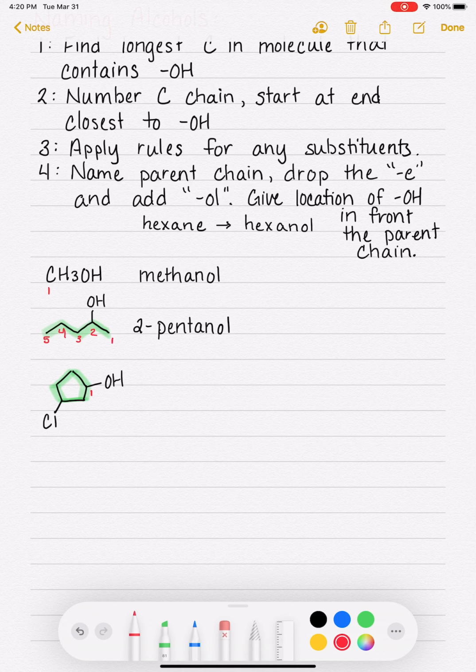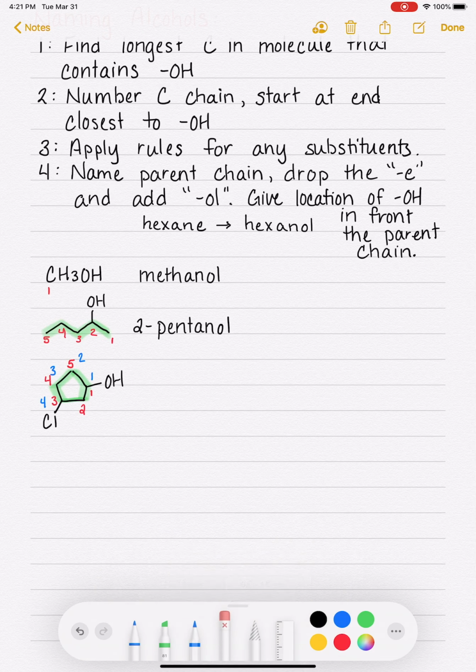So the OH is going to be on carbon number 1. And then we want to number either clockwise or counterclockwise in a way that will give our other substituent, chlorine, the smallest possible number. So in this case, we want to number clockwise so that chlorine ends up on carbon number 3. If we numbered counterclockwise, chlorine would end up on carbon number 4. And that's not what we want.